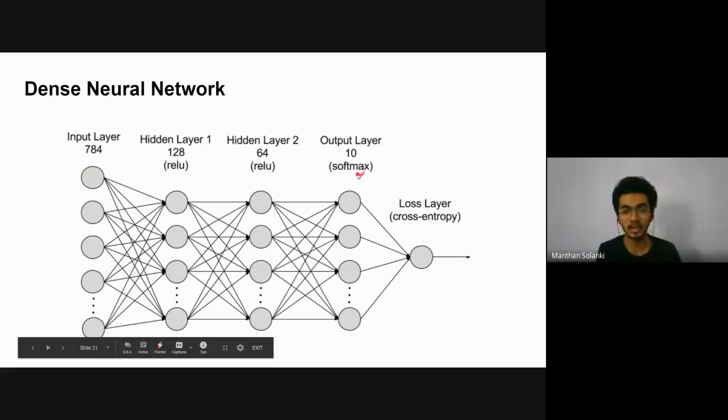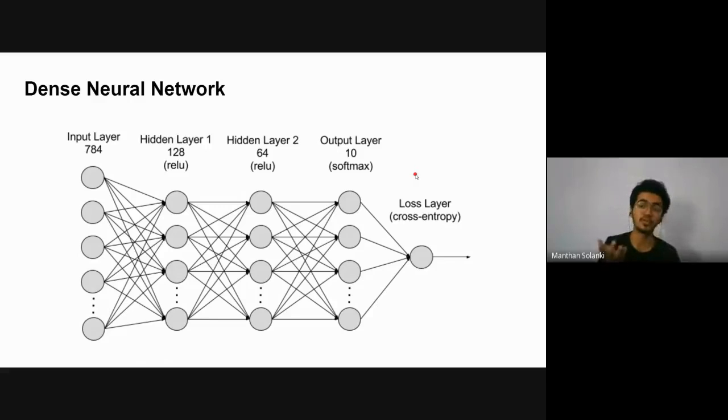So why do we have 10 neurons in the output layer? Because this dense neural network can be helpful to classify which number this is: this is 0, this is 1, this is 2. So for the end layer we have 10 neurons, and each individual neuron is for an individual number. And now this is the loss layer.